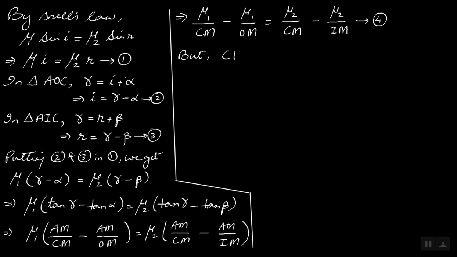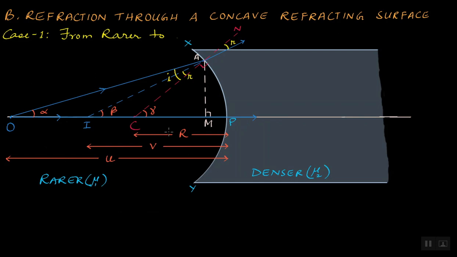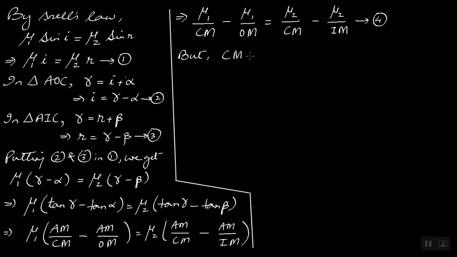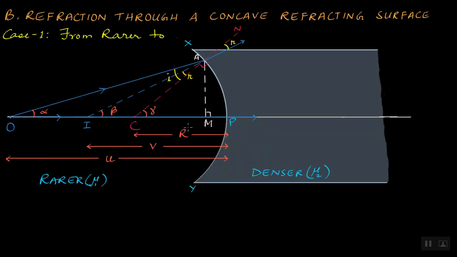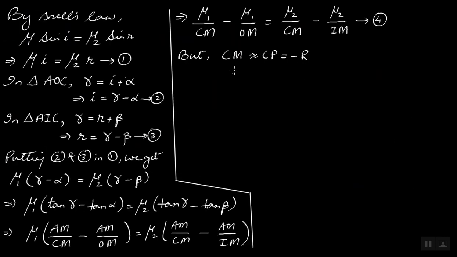But what is CM? CM, if you look at the diagram here, is nearly equal to CP. And what is CP? CP is nothing but minus R. Right? I think you know why minus.